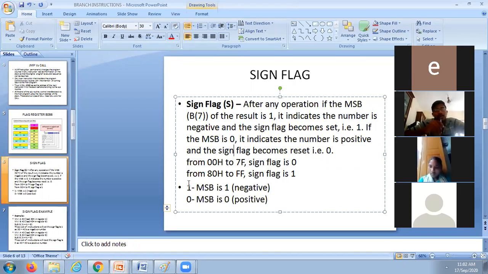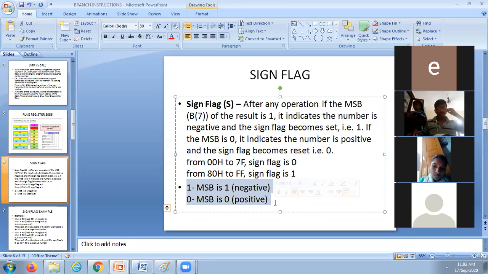All of you note down this for the sign flag. If the sign flag is 1, that means the MSB is 1.